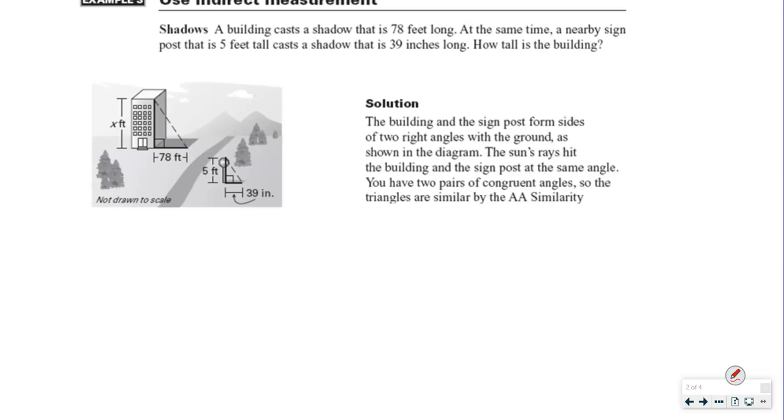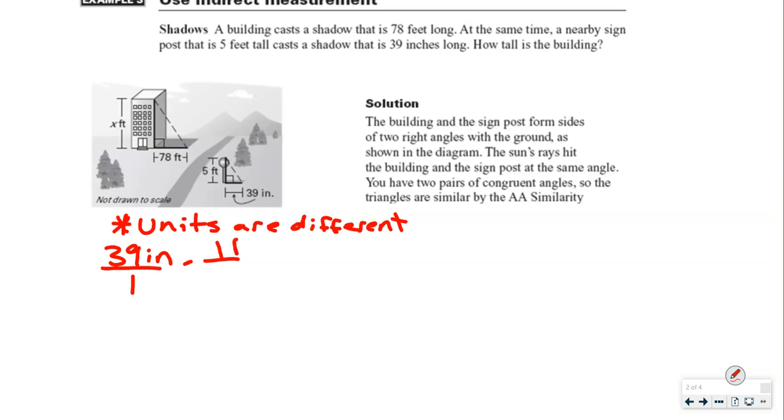So we do need to notice that our units are different. That's important. So let's make a note of that. We know our units are different. We've got inches and feet. So we need a conversion. So 39 inches times 1 foot over 12 inches gives us 39 over 12.